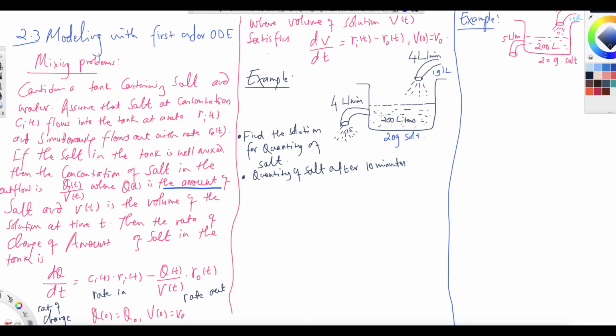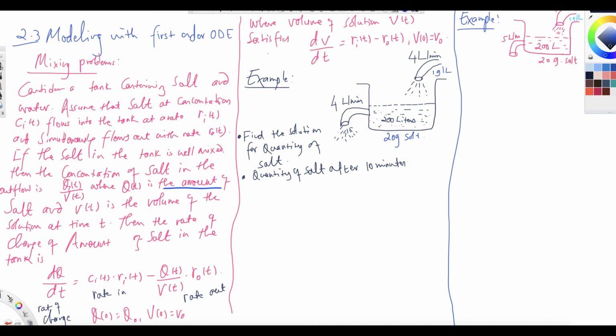You want to know the amount, or quantity, of the solute that is left after a certain time t. For these kinds of problems we want to use the differential equation solution techniques that we learned.